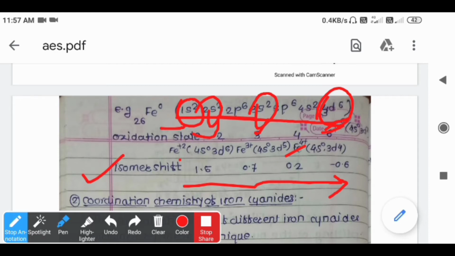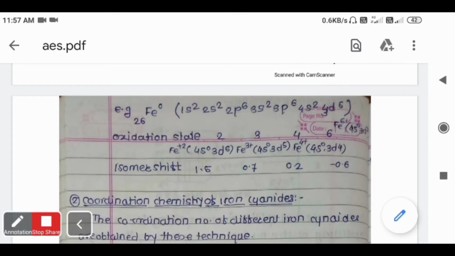So as the oxidation state increases from +2 to +4, the isomer shift decreases. There is a direct relation between the oxidation state and the s electron density, and an inverse relation with the isomer shift. Once the oxidation state increases, the s electron density increases and the isomer shift decreases.